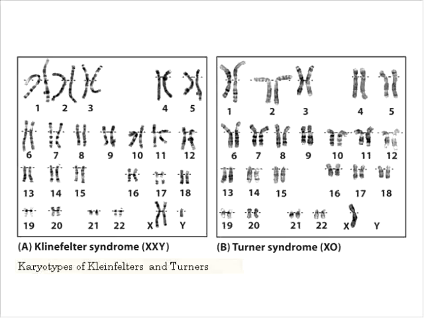Klinefelter's, another genetic disorder, is XXY. Again, this karyotype reveals two X's plus the Y. Turner syndrome is another example. It has an X chromosome, but no Y chromosome. Again, this karyotype indicates the individual has Turner syndrome.